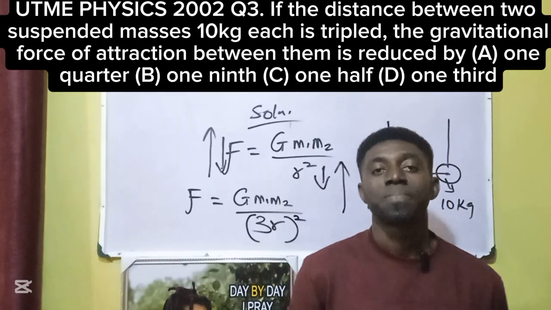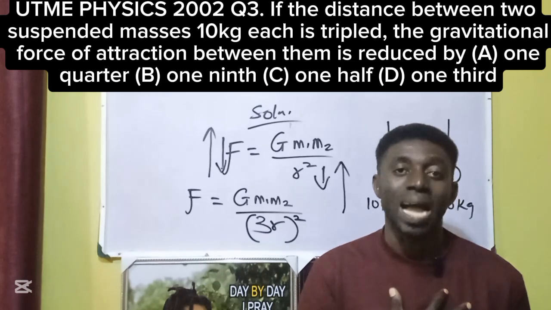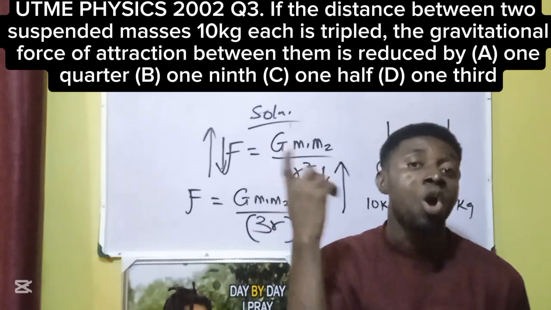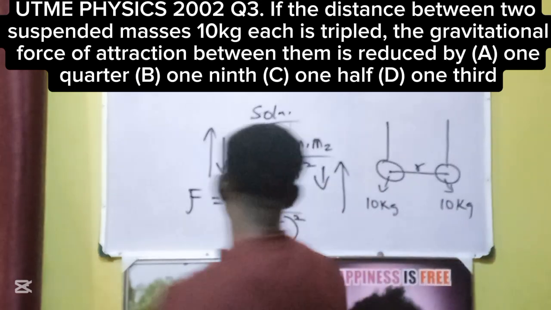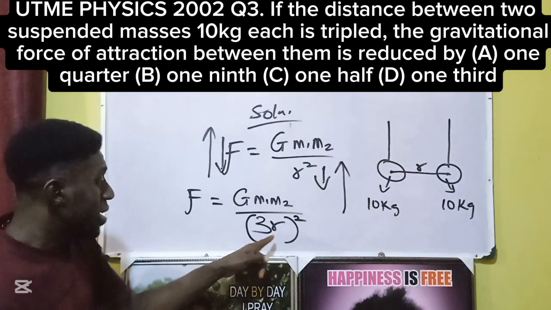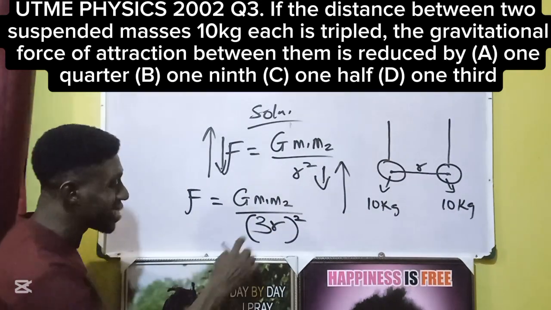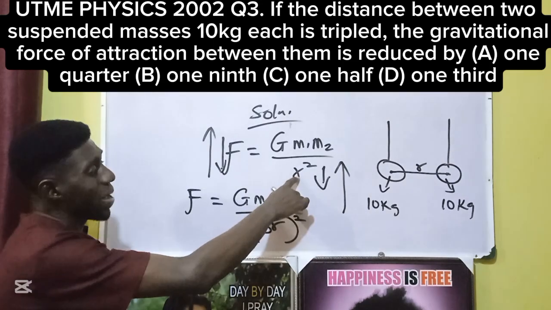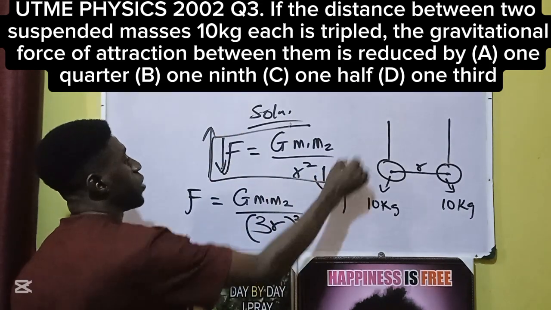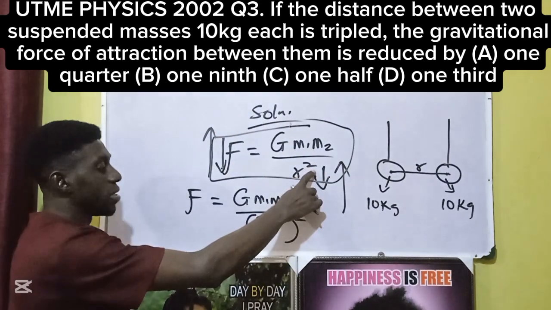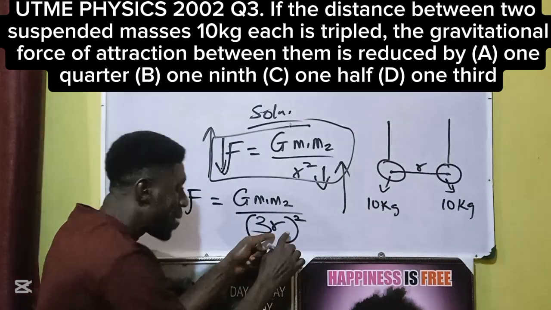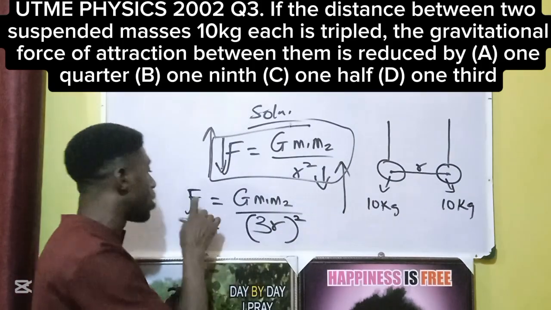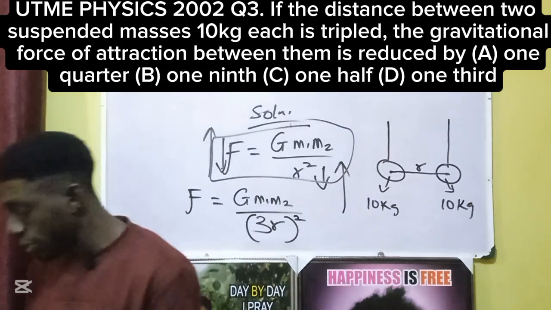For instance, if I'm owing you 100 naira and the money is tripled, I'll pay you 100 times 3, that is 300 naira. Synonymously, this gap is tripled, so that becomes 3 times r. This is the standard for the formula. It must be squared. That's why I maintain the square. Then we solve further, so we can see the impact of this gap tripled on our force.